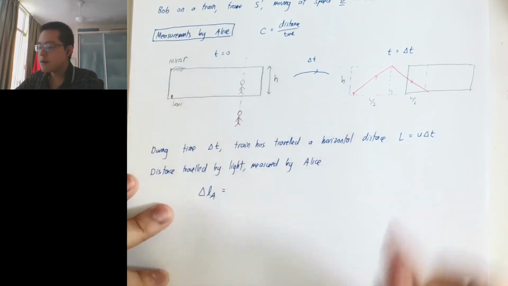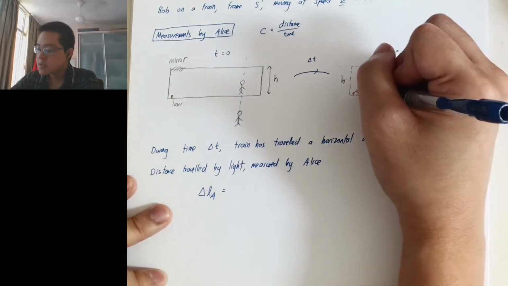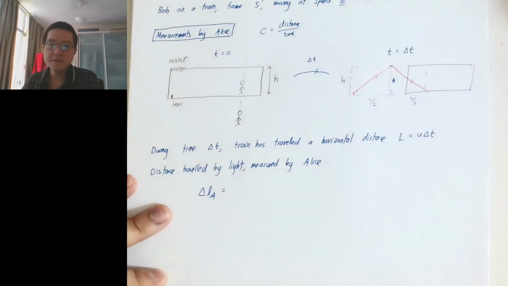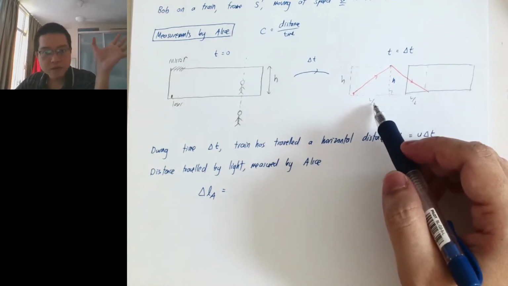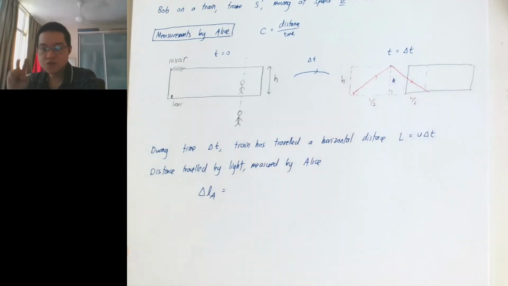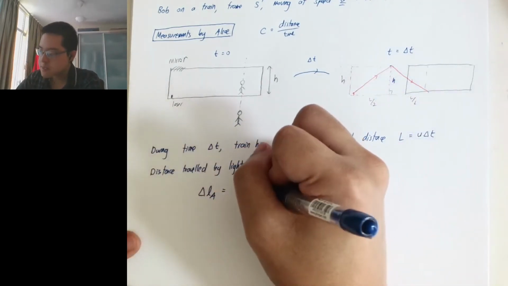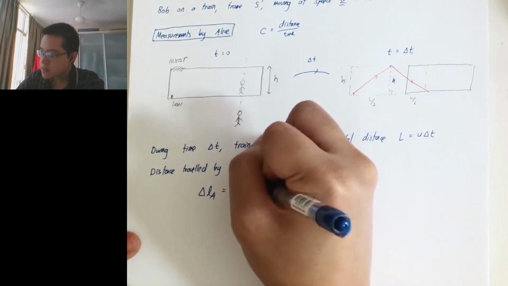And what is this? This is just a triangle, and the height is h. For this diagonal line, I can use the Pythagorean theorem. This square plus this square, square root, gives this diagonal line, and this is another diagonal line, so it's twice. So it's 2 times the square root of h squared plus L over 2 squared.